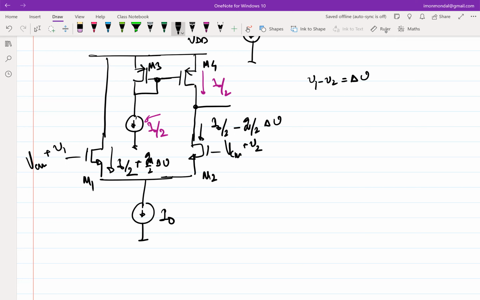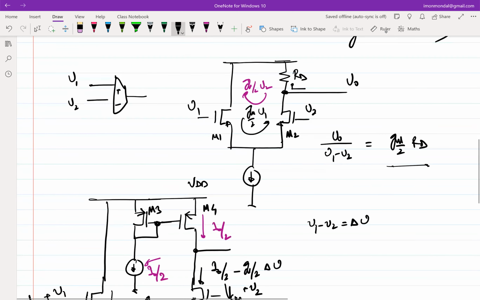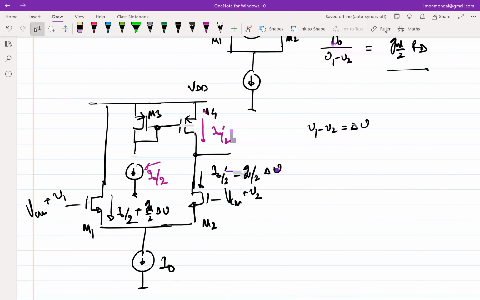What is the output impedance of the diff pair? So the output impedance of this structure was 2 RDS1 parallel whatever was connected to the top. In this case, what's connected to the top? What is the impedance looking up? No, why is it 1 by GM?